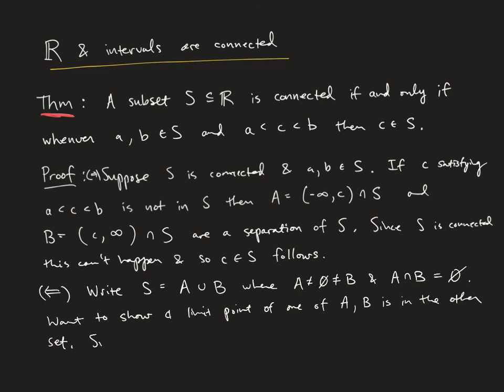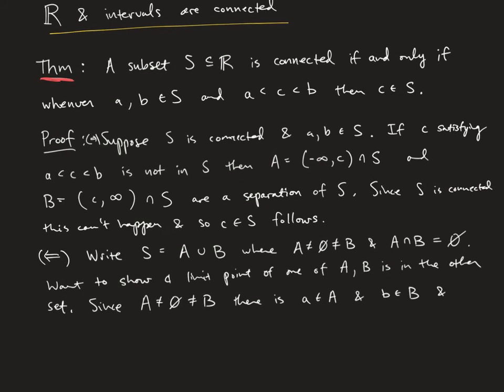So since A and B are non-empty, there is a little a in A, and little b in B.